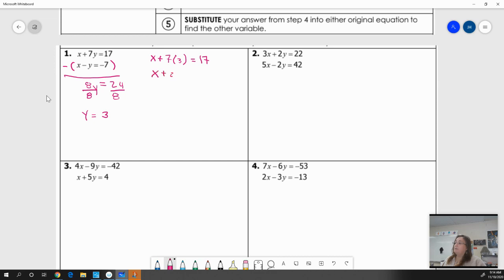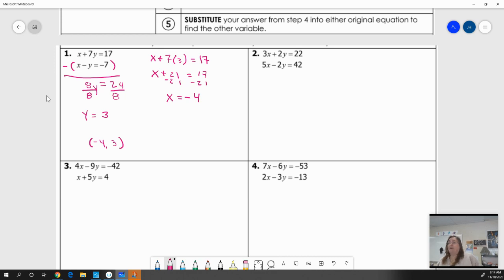So that's saying x plus 21 equals 17. And I can subtract 21 from both sides, and I get x equals 17 minus 21, which is negative 4. And so I found my point, right? My point would be negative 4, 3.